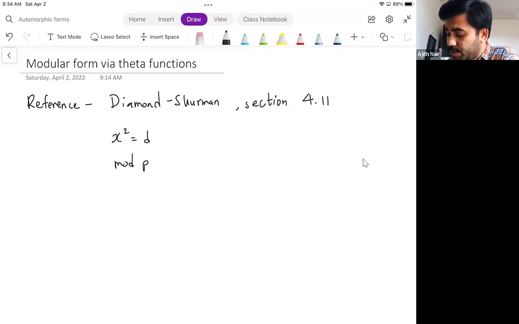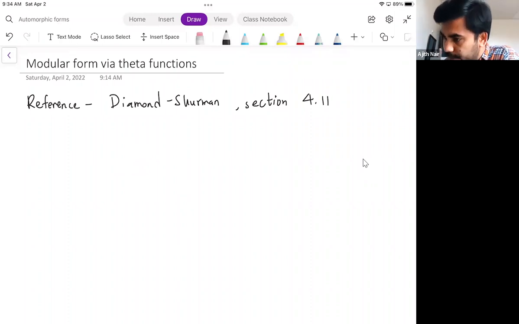More generally you can look at the elliptic curve equation and look at the solutions mod p, and how the number of solutions arise as Fourier coefficients of a modular form. That's outlined in the preface of the textbook. Now we are going to do a slightly more general case than the quadratic case.